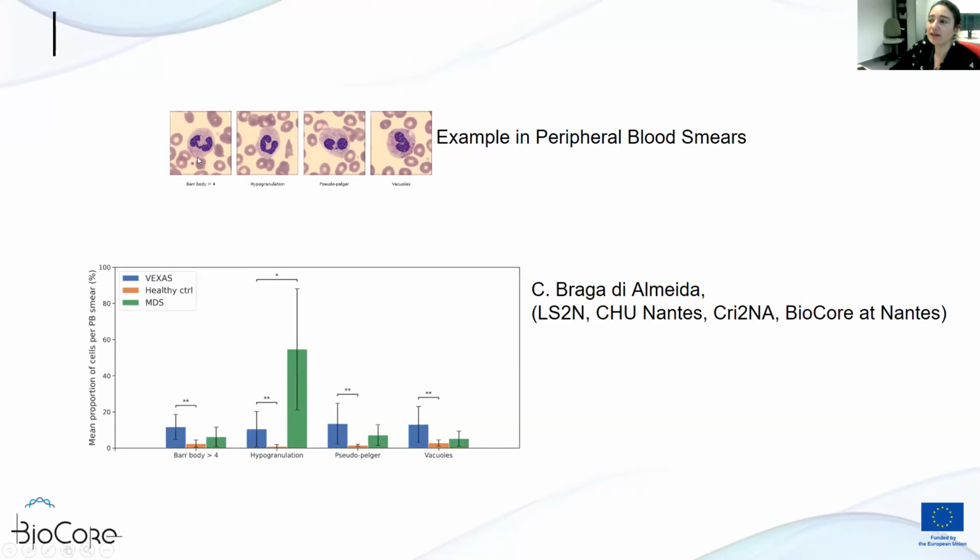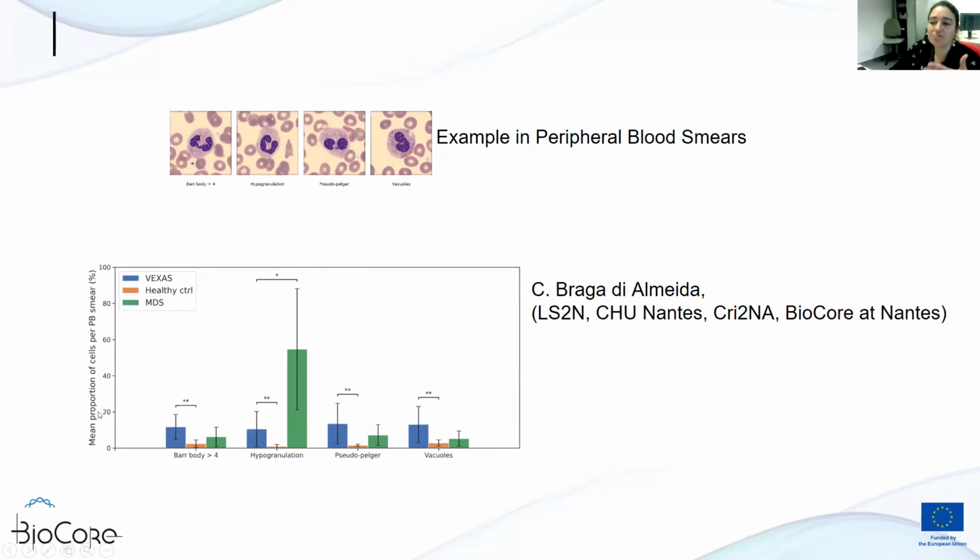And here you can see this is coming from what are called peripheral blood smears, coming from a patient, and you have different types of cells, okay? And maybe if you are not used to it, you cannot see the difference, but cytologists can see the difference between these 4 types of cells.